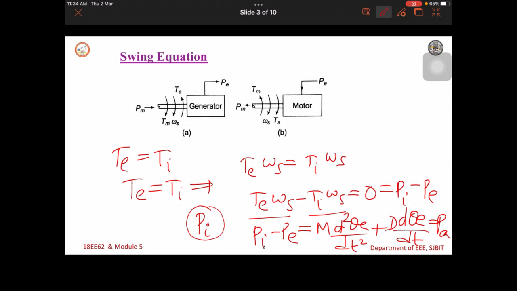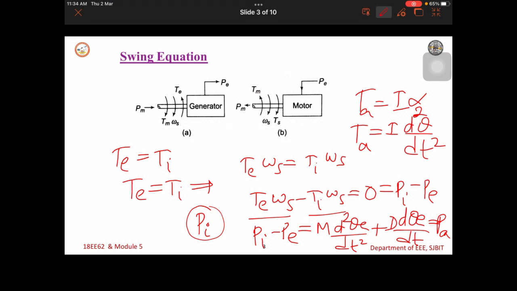As we know, torque is given by inertia constant into alpha. Alpha is the acceleration, that is d square theta over dt square.